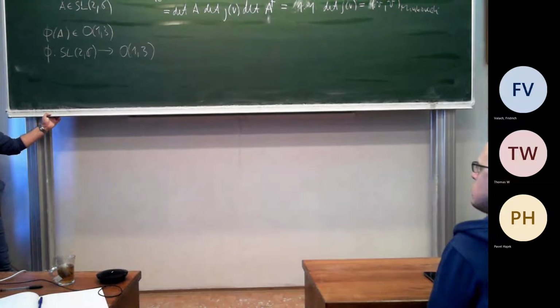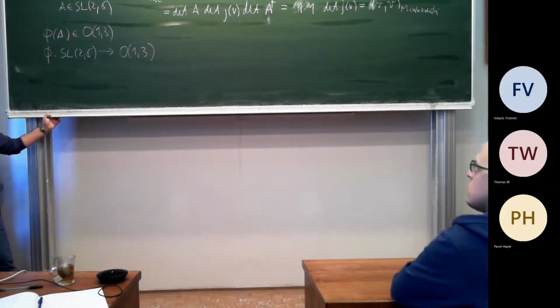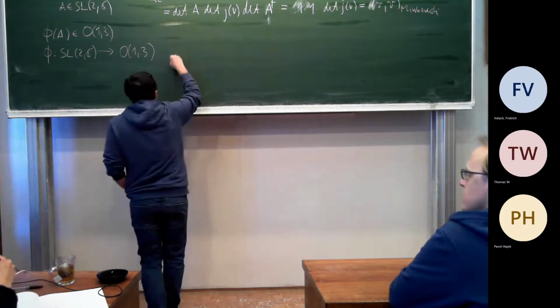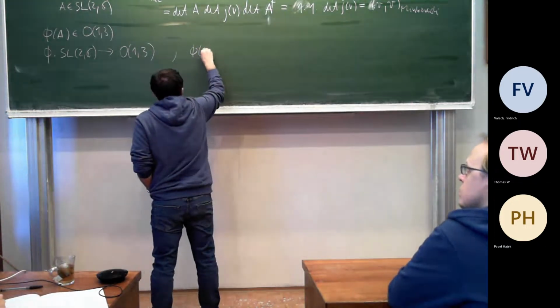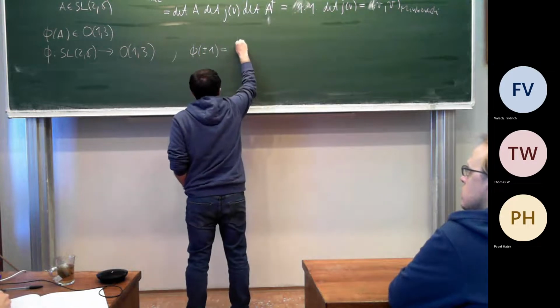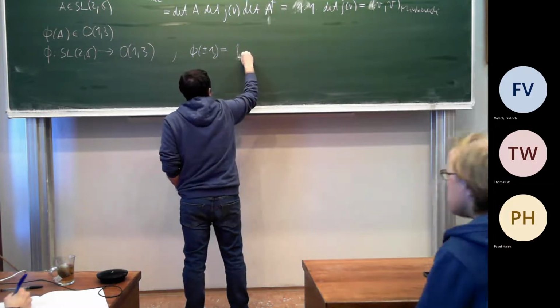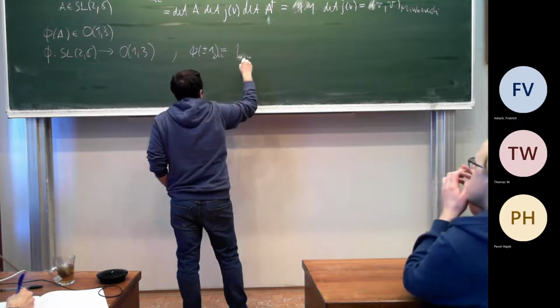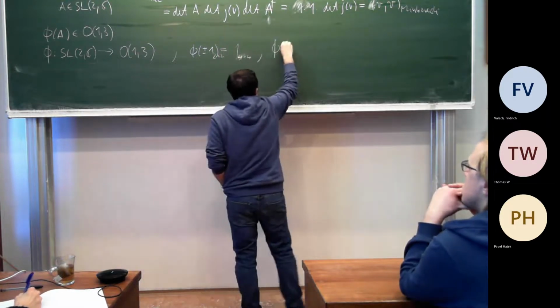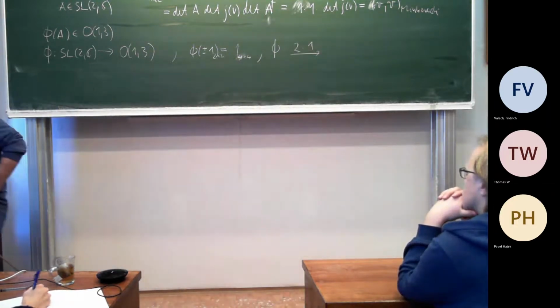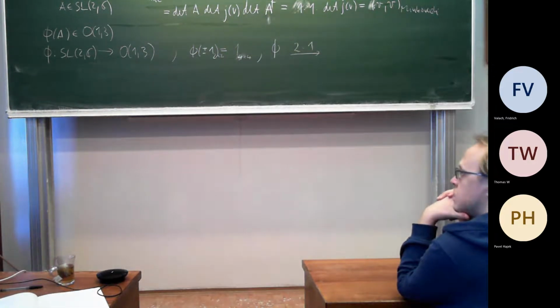Further, identity and minus identity are mapped on identity in O13. So the kernel is isomorphic to Z2. So phi is so-called 2 to 1. Yeah, so by homogeneity, it's 2 to 1 on the whole SL2C group.